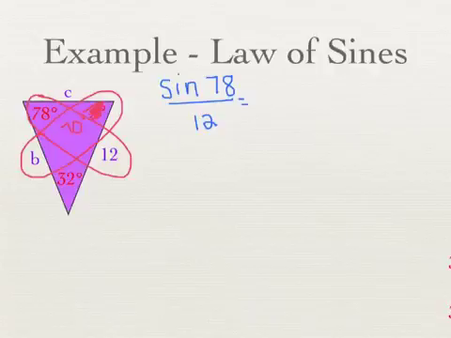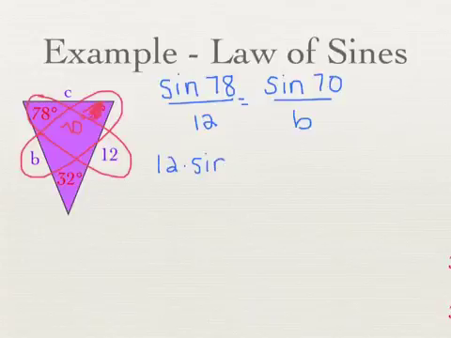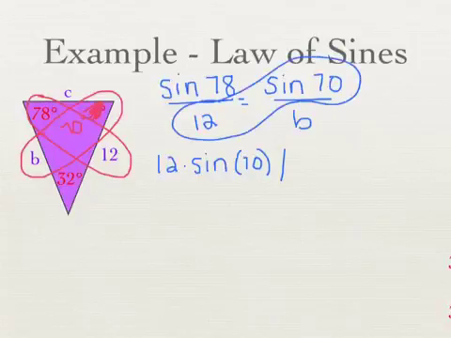Okay, sine 70 over b. And then let's plug that in just like you did the other one. So I would do 12 times the sine of 70 divided by sine 78. I did this and then divided by sine 78. And I want to say you get like 11.5.